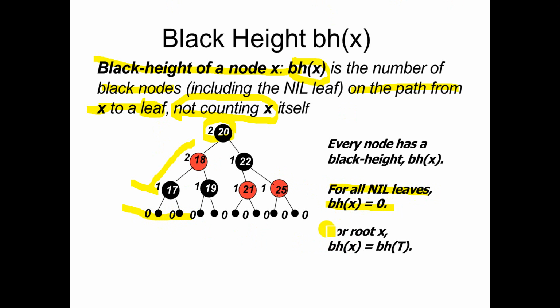And for the root x, the black height is equal to the black height of the tree. That means if you want to know the black height of the tree, you can compute the black height of the root. So we have come to know about the fundamental things. Now we can look at the operations that the red black tree supports.